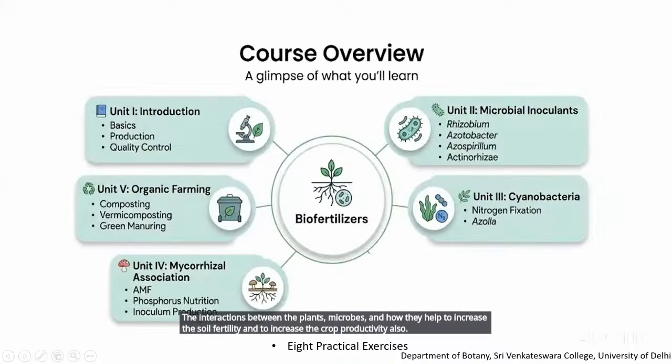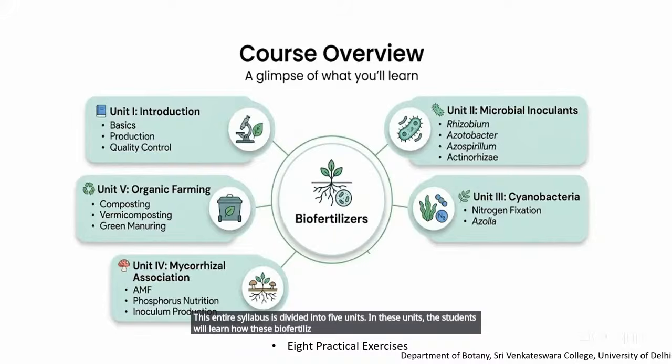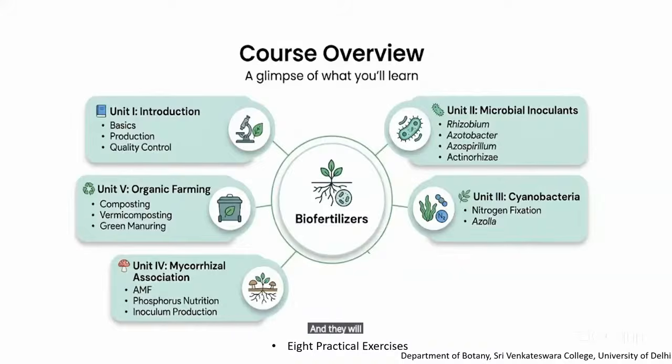The entire syllabus is divided into 5 units. In these units, the students will learn how biofertilizers are made, how their quality is checked, and how different types of microbes can be used as biofertilizers, like rhizobium, azotobacter, azospirillum, etc. They will also see cyanobacteria and mycorrhizal associations in detail.